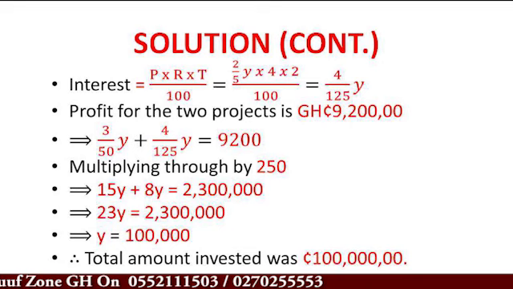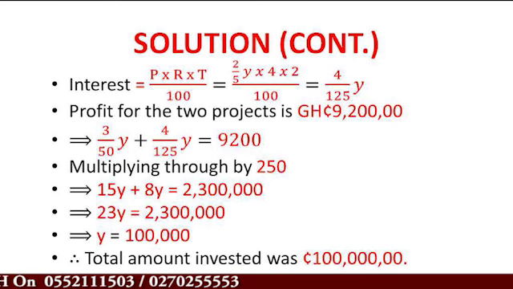Over here also, it is very simple to solve. We are going to use the 2 to divide the 100, and you get 50. When you multiply the numerator and solve, you'll be getting 4 over 125y.